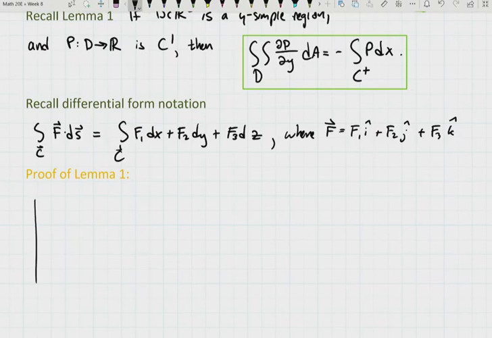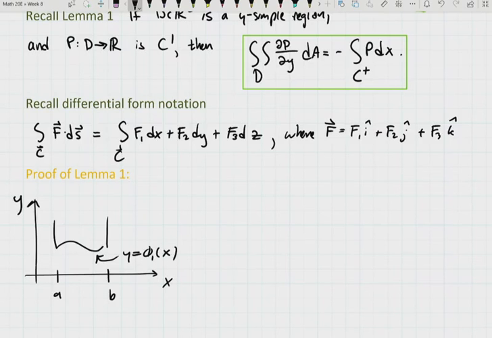First, let's draw a y-simple region, say, in the xy plane. It goes from x equals a to x equals b. And then it has some function on top and some function on the bottom. So maybe on the bottom, that's where y is phi1 of x. And then on the top, that's where y is phi2 of x.